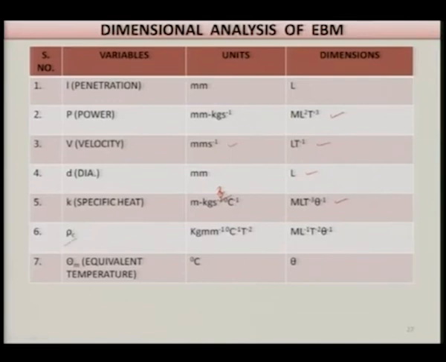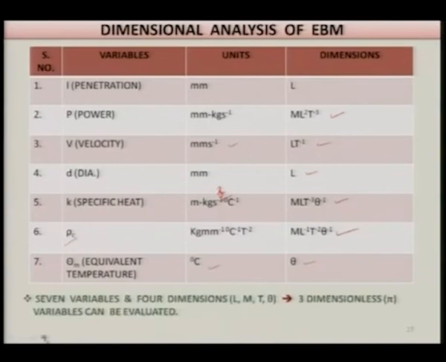Rho c is kg per millimeter per second squared per degree centigrade, M L raised to power minus 1 T raised to power minus 2 theta raised to power minus 1, which you can see here in the units also. And theta m is the equivalent temperature in degree centigrade, that is theta. Using this table, now we will perform the dimensional analysis.